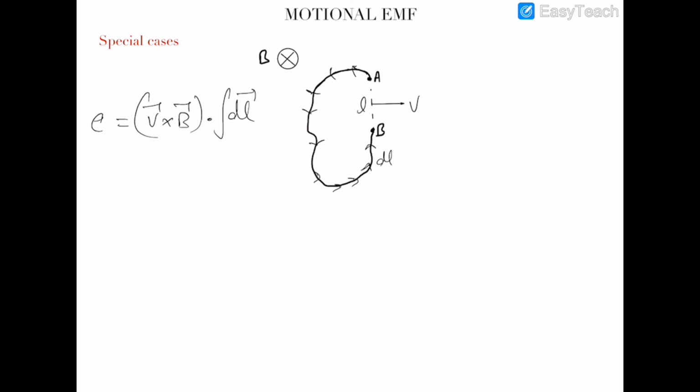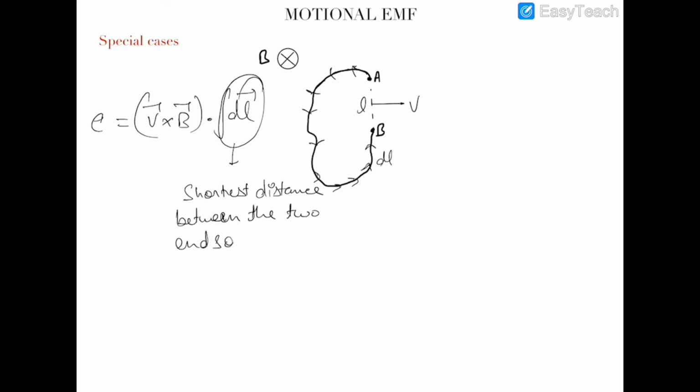So this integration of dl will be the shortest distance between the two ends of the conductor.